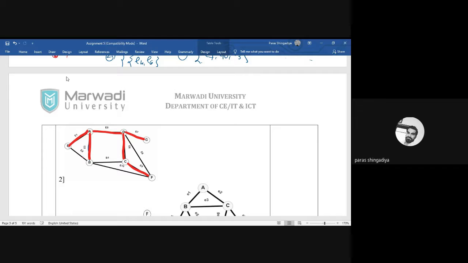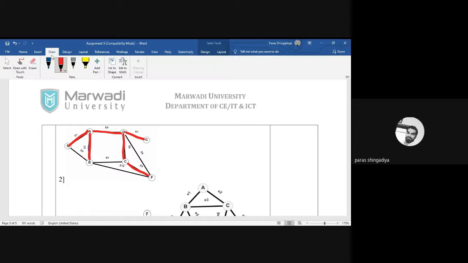One, two, three, and four. Okay, now it is another spanning tree. Now there are more possibilities. Okay, you can see it.